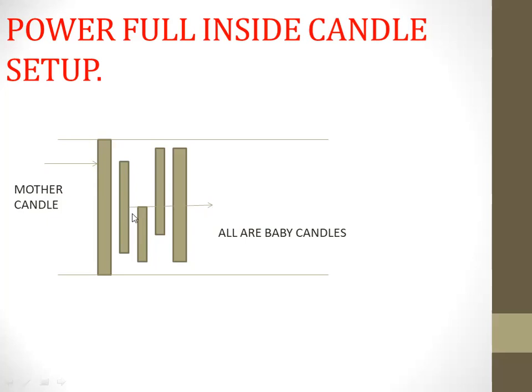Sometimes two baby candles or more than two baby candles we can consider. And this is going to be a very powerful setup. Whenever this mother candle high is broken, we will initiate the buy trade. Whenever this low breaks, we will initiate the sell trade.